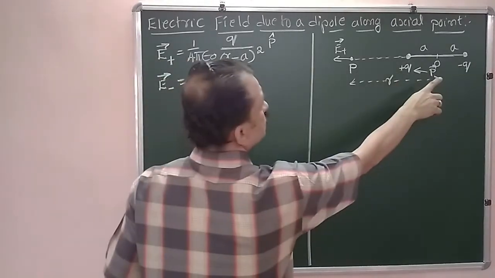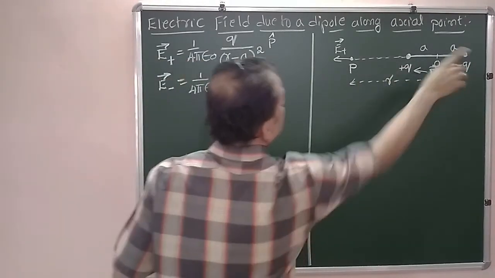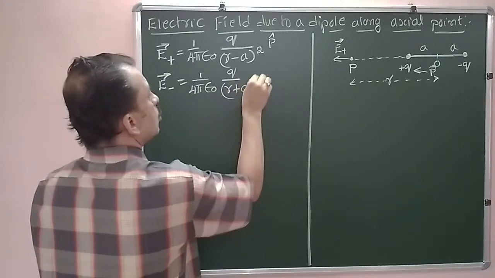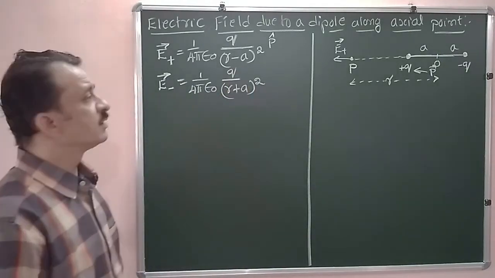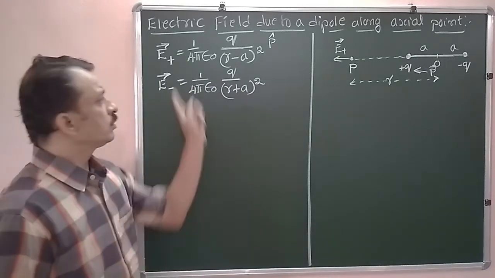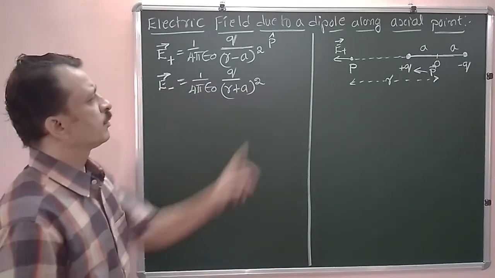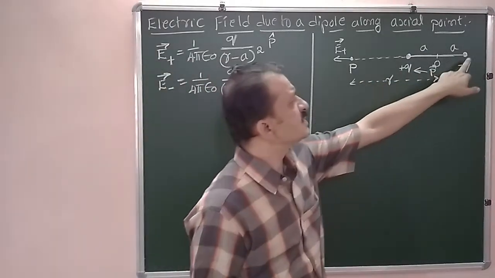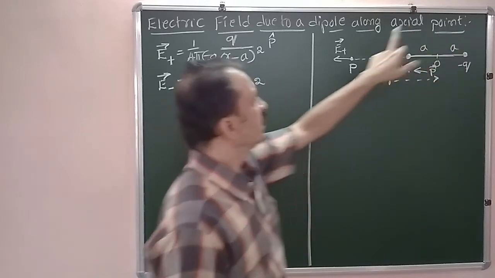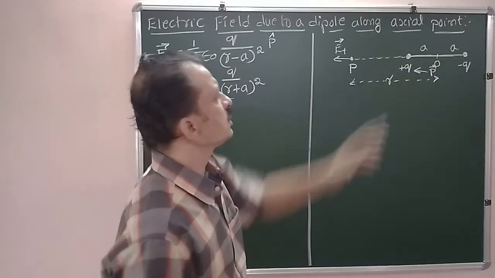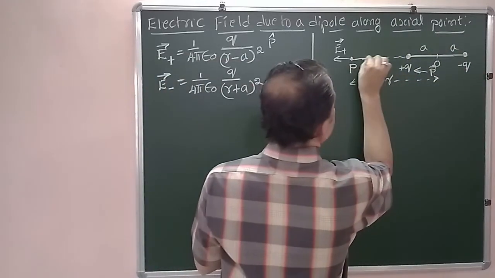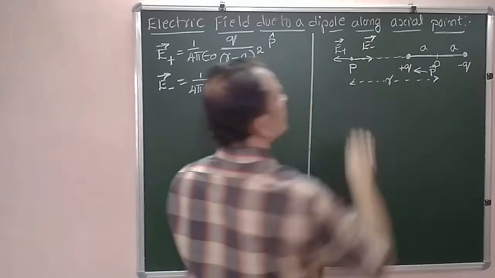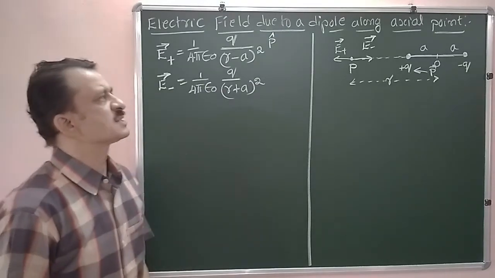divided by distance r plus a whole square. It is r plus a. This is the magnitude. Now we have to put the unit vector. Now look here, since it is a negative charge, the electric field at this point due to the negative charge is towards the negative charge, E minus.